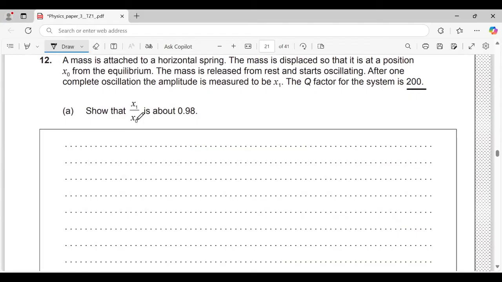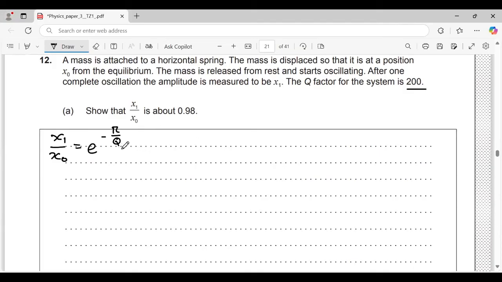The relationship between the initial amplitude x0 and the amplitude after one oscillation, x1, can be given by the formula x1 over x0 equals e power minus pi over Q, where Q equals 200.